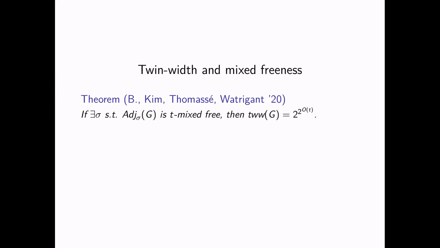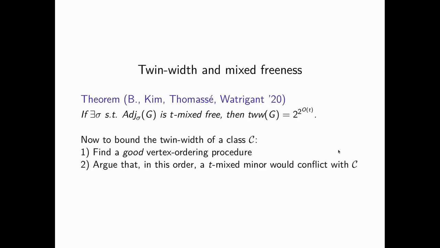Okay, so now what to do with this characterization? So here we have just one direction. Well, we can now more easily bound the twin-width of a class of graphs. So we don't need to find the contraction sequence. We just need to order the vertex set of its members.